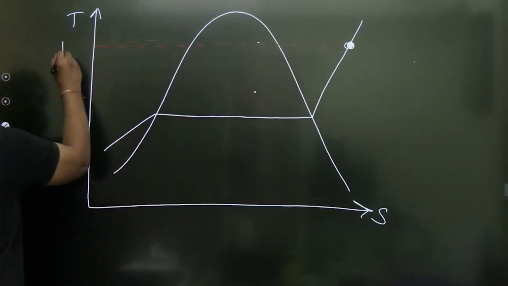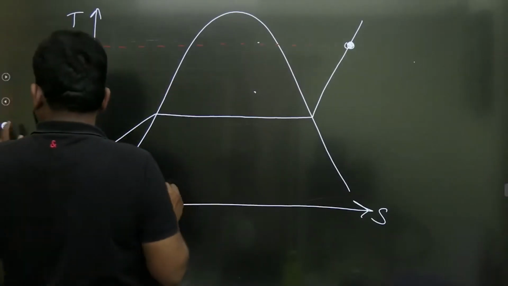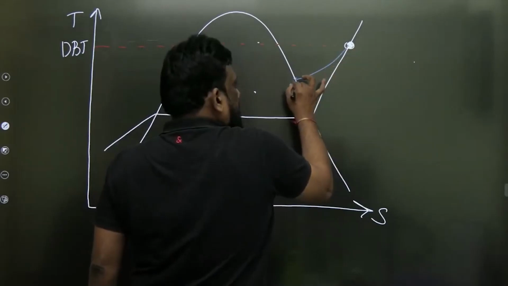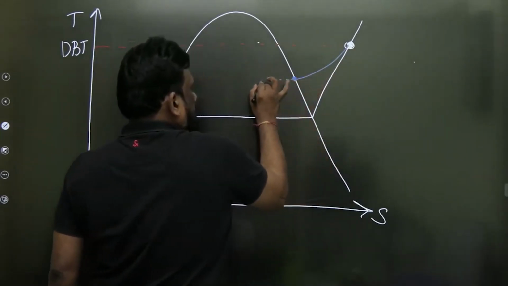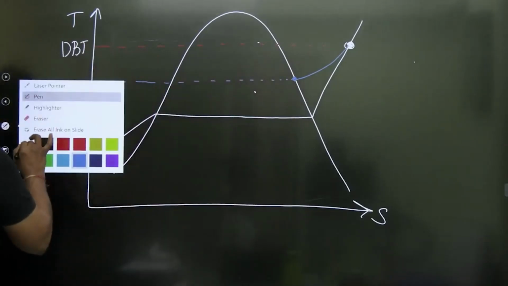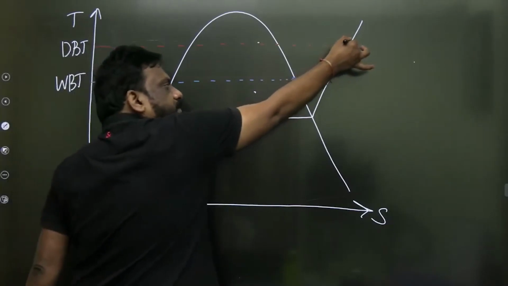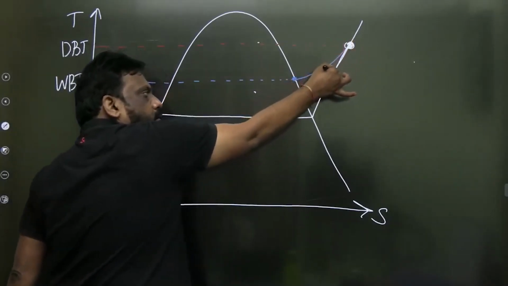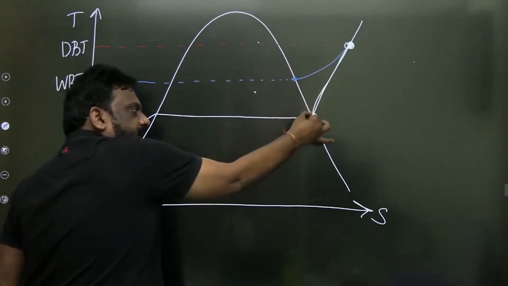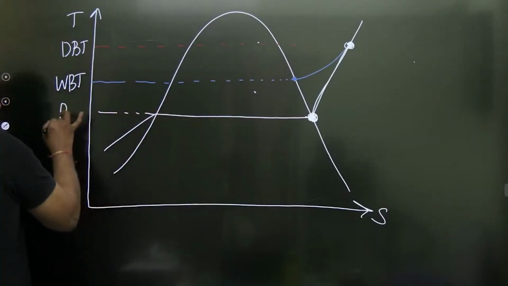What is this? Dry bulb. Great. Now, wet bulb. At a constant pressure, we are cooling. It is reaching saturation. And this temperature, you call it as dew point temperature.